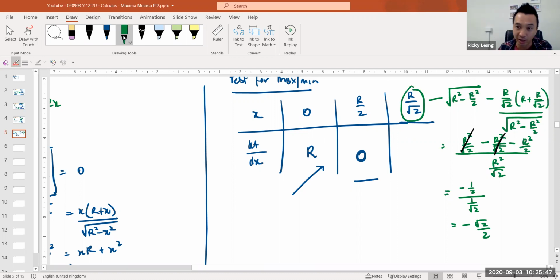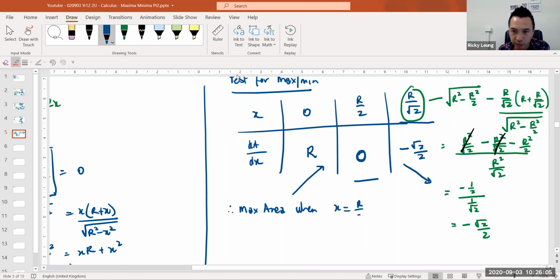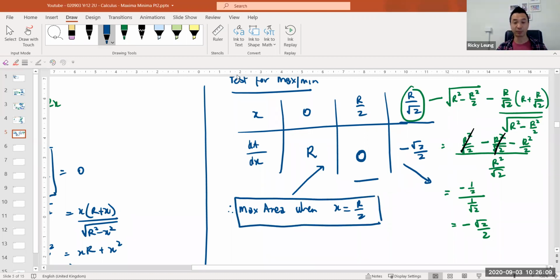I don't really care about the number, I care about the negative though, because that's exactly what I was looking for. So negative root 2 on 2, always negative. Therefore, max area when x equals r on 2. So that's my third bullet point, right?